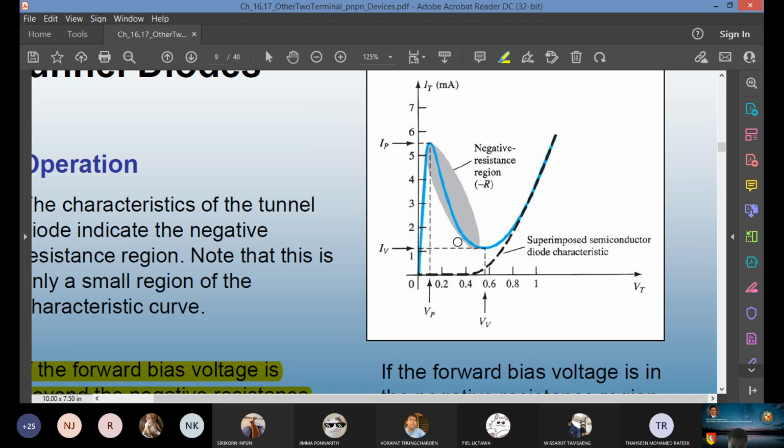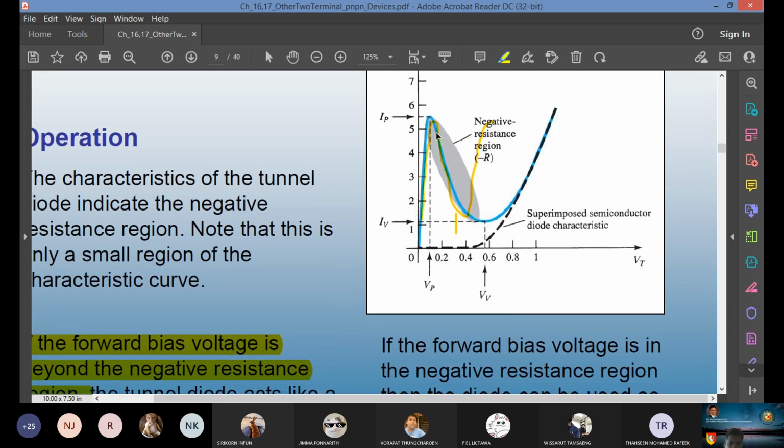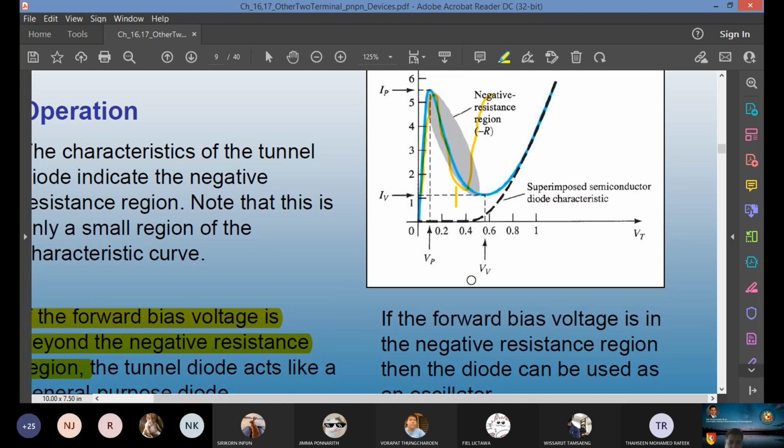Let's say the forward bias, maybe we take a germanium diode, 0.3, and the negative region is still like this. So it will go like this actually. Forward bias, and then you keep repeating the wave. You will see an oscillation, like a sine wave or a cosine wave. That's why if the forward bias is in the negative resistance region, you can use this diode in an oscillator circuit. You can provide an oscillation.